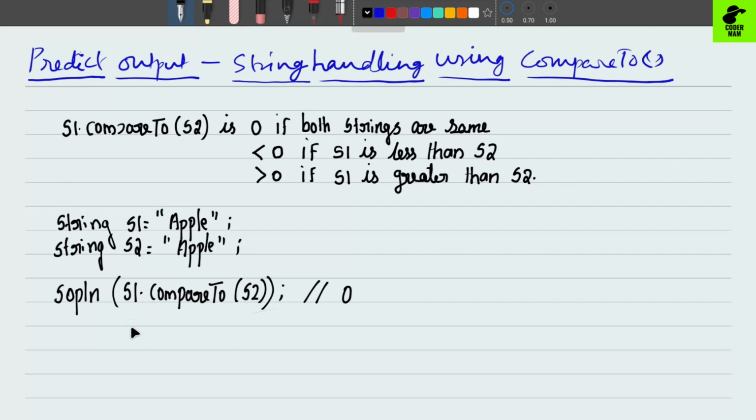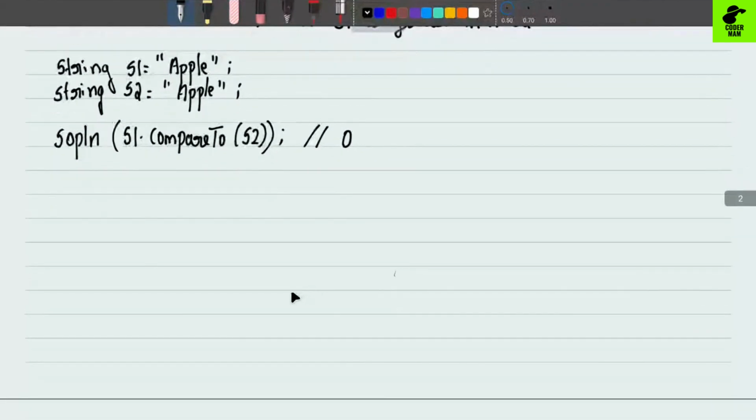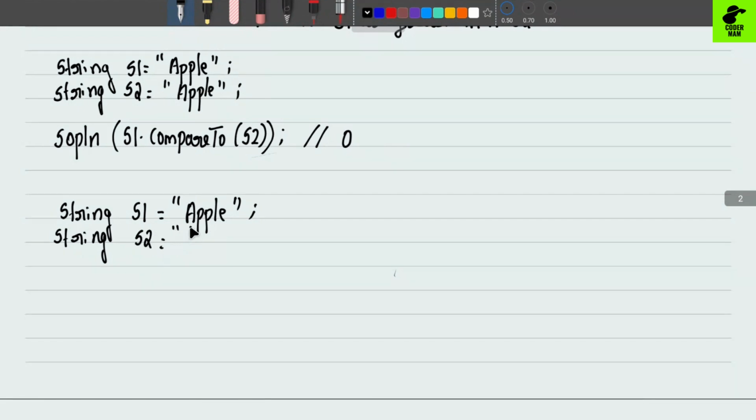Then another example. Suppose string s1 equal to apple, then string s2 equal to, suppose, banana.